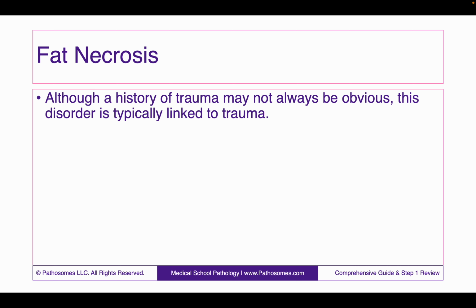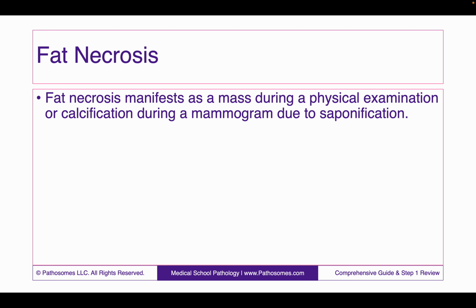Although a history of trauma may not always be obvious, fat necrosis is typically linked to some sort of trauma. So make sure you have a thorough history or tease out those vignettes that might not be so direct. Fat necrosis typically manifests as a mass during a physical examination or calcification during a mammogram due to the process of saponification.